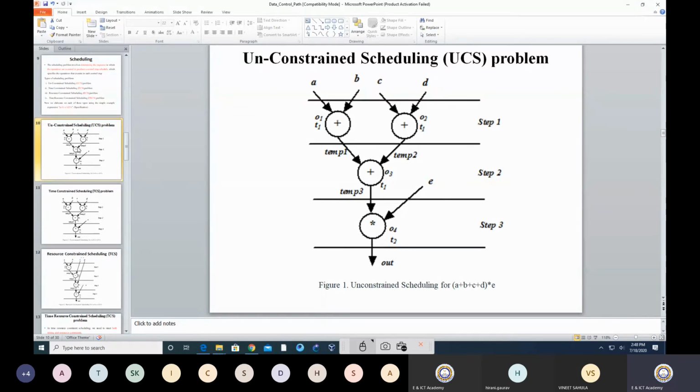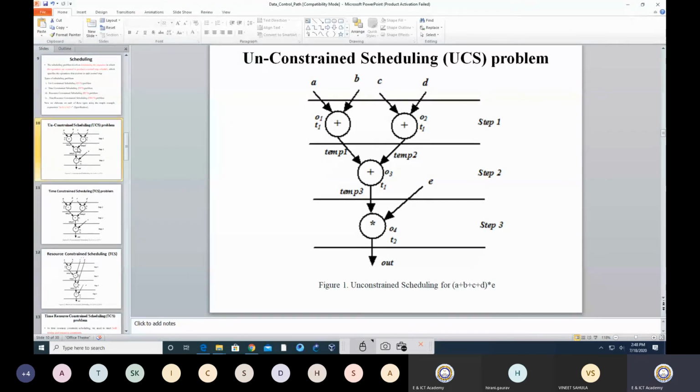The final output we want is (a plus b plus c plus d) multiplied by e. So I will use some temporary variable in between to store the value. a plus b will give me the output temp 1, c plus d will give me the output temp 2, and then I will add temp 1 plus temp 2. That will give me temp 3.